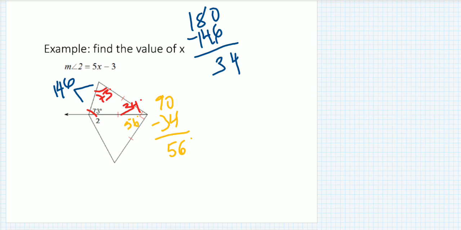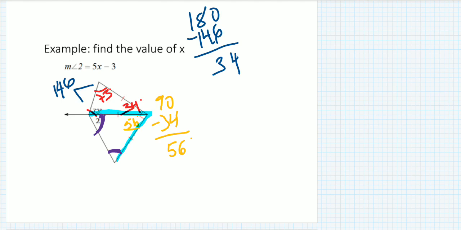So that works. And now if you notice, if we come down to the bottom triangle, we have an isosceles again, meaning that the two angles right here at the bottom are equal to each other, or they're congruent as well. I don't have a number right now for them, but I can definitely go ahead and set it up. So we already used up 56 degrees.